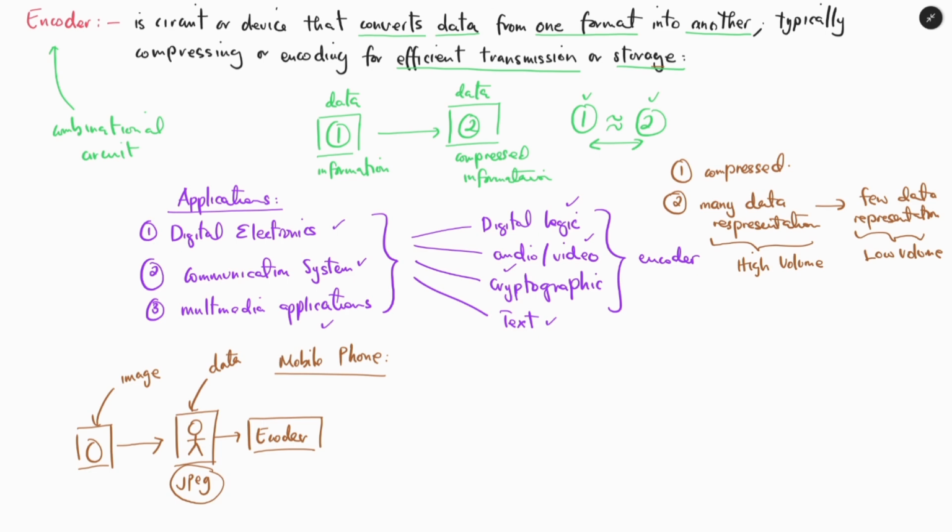So the volume of information is compressed through the process of the encoder, and it can be stored.